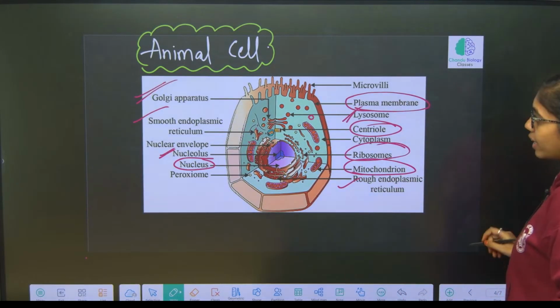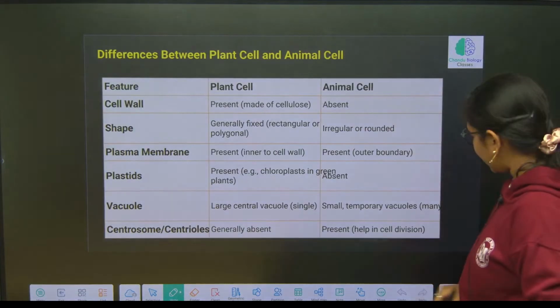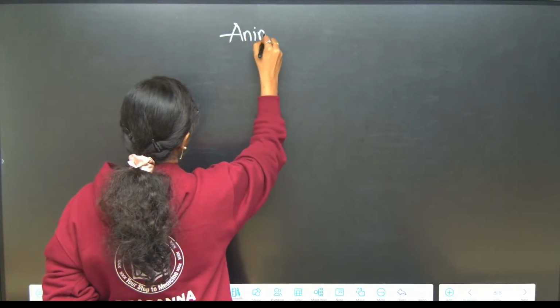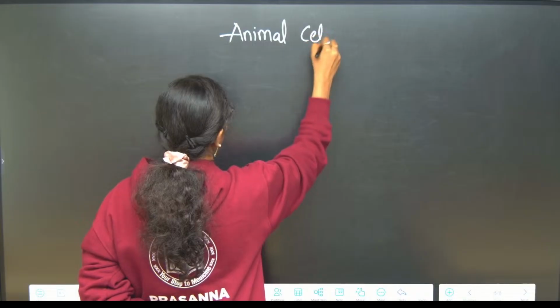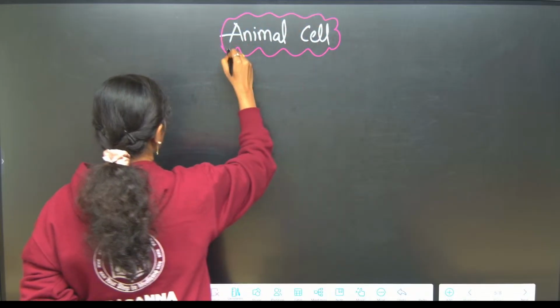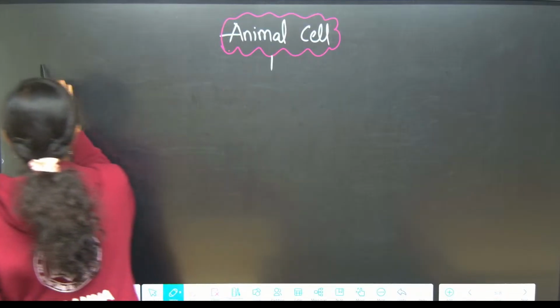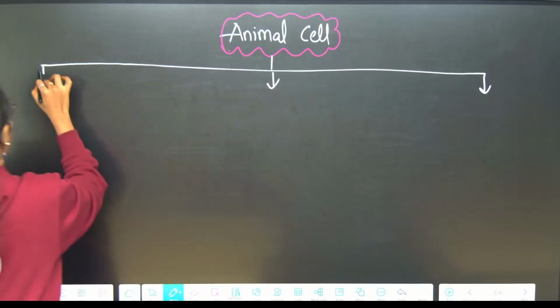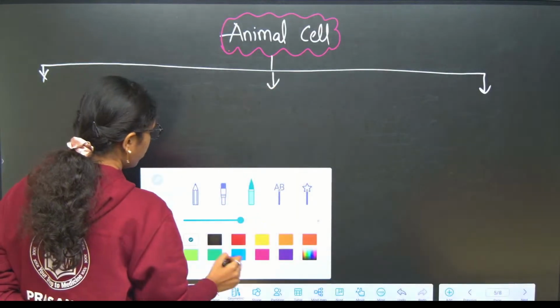Now let us also look into the clear description of the distribution of organelles inside an animal cell. An animal cell has non-membrane bound, single membrane bound, and double membrane bound organelles.